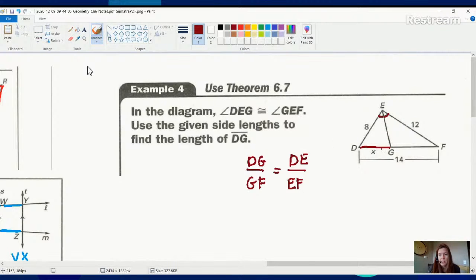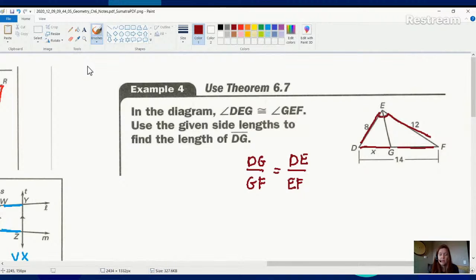So DG is here, GF is here, DE is up here, and EF is over here. So again, a little bit different in the way we write the theorem. Some people do write it opposite, but technically that's the theorem, so we're going to stick with it, okay?